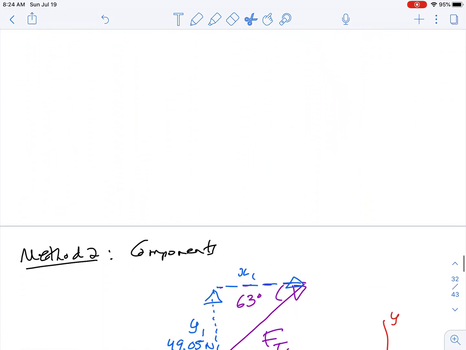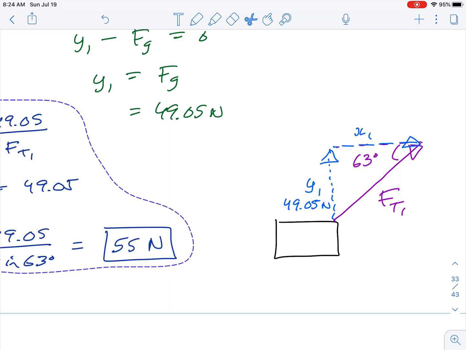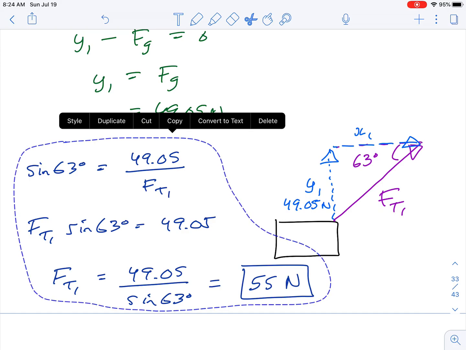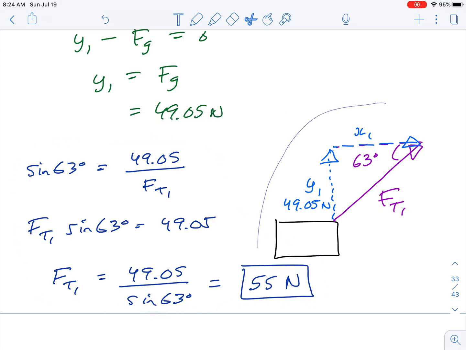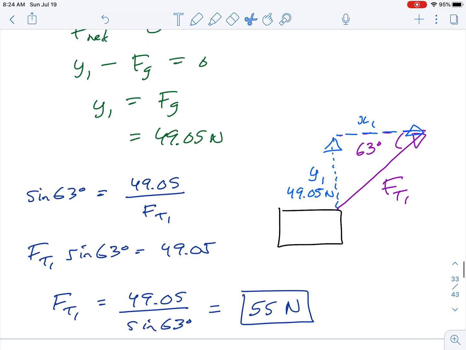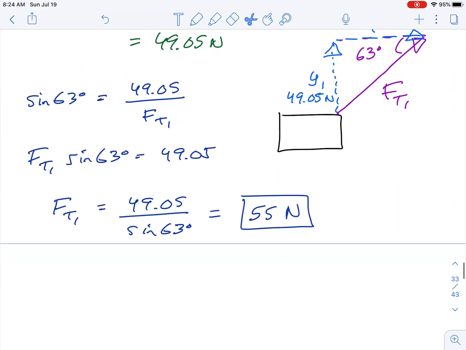So the first thing we can do is solve for Ft1. I'm just going to move this up a little bit. And once we have that, we could also find x1, and we've already done that. But I think this one I'll actually do with you. Okay, so we've got that.